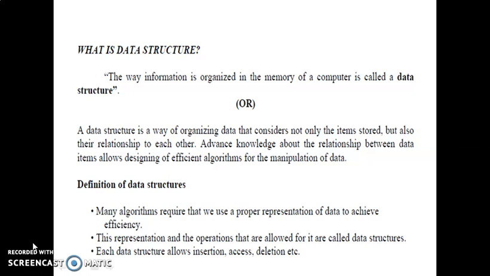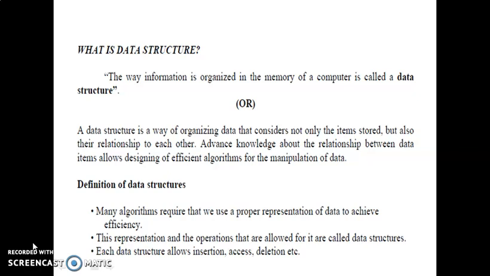Okay. Definition of data structure. Many algorithms require that we use a proper representation of data to achieve efficiency. Okay, right? The proper representation of the data is absolutely a must, and only then is an efficient algorithm produced. This representation and the operations that are allowed for it are called a data structure.